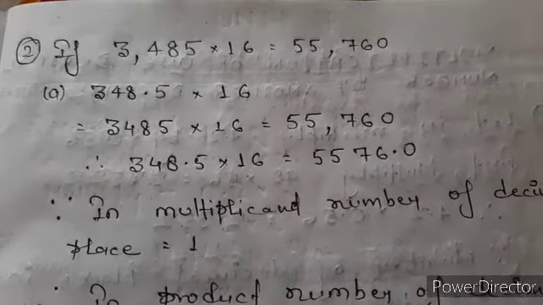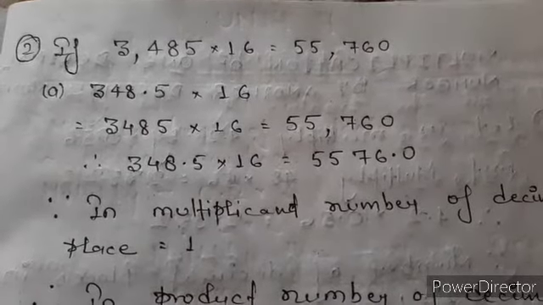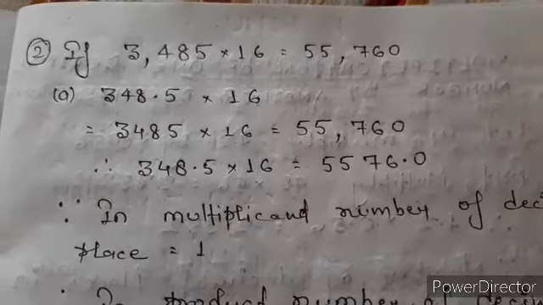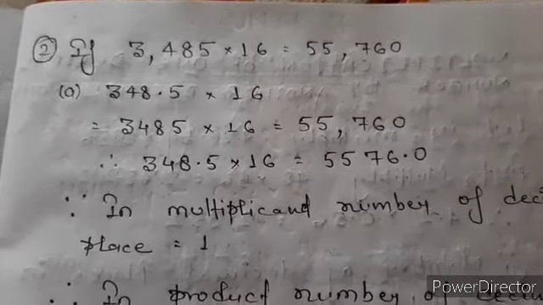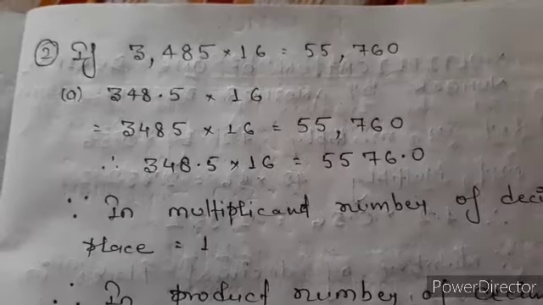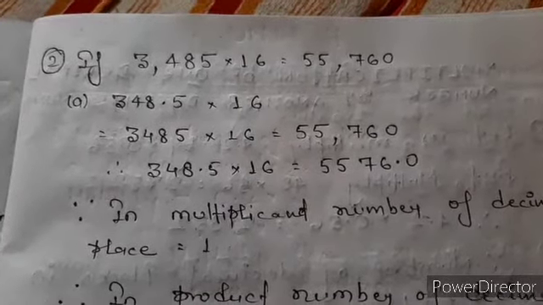Question number 2. If 3485 into 16 is equal to 55,760, find 348.5 into 16.